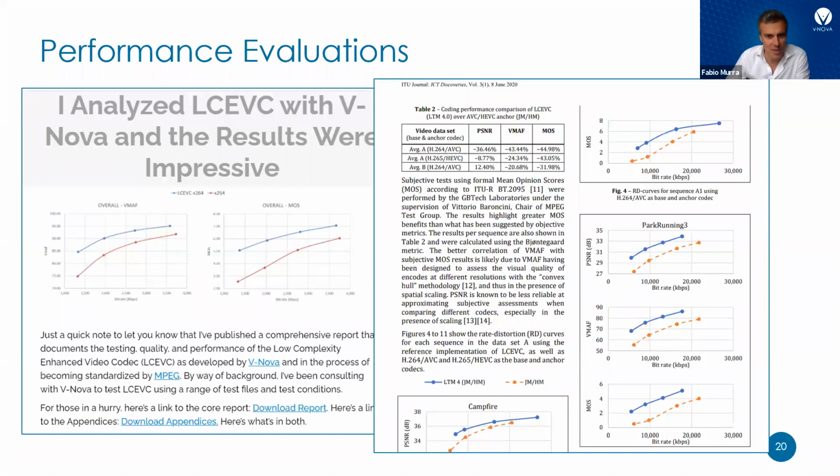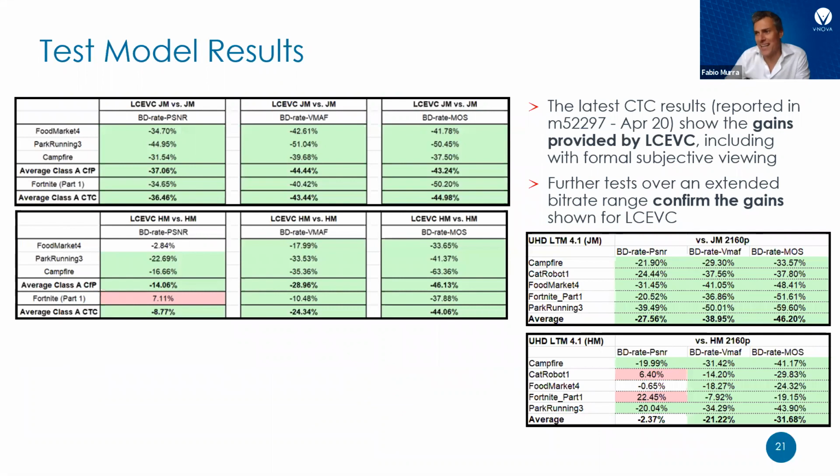Here there are a couple of papers, one from the ITU and one from an analyst, Jan Ozer of Streaming Media. The data highlights how LCEVC provides benefits, both in this case on top of JM and HM, which are the reference models for H.264 and HEVC.